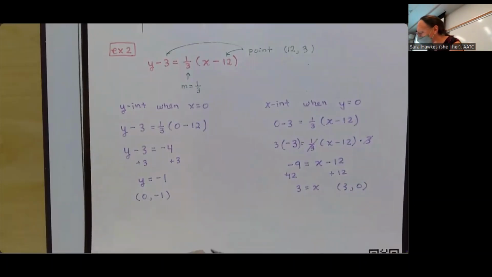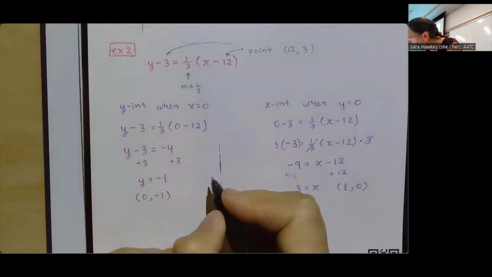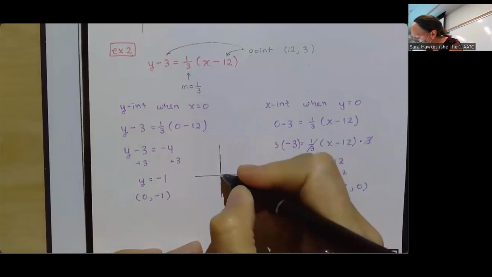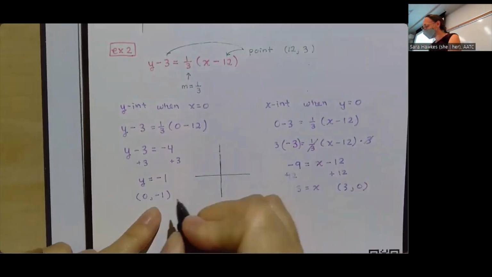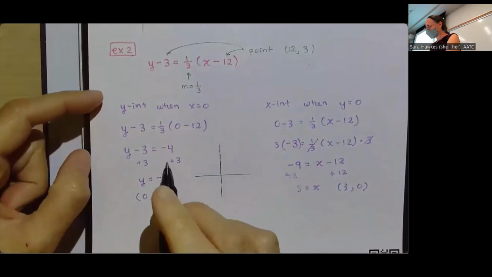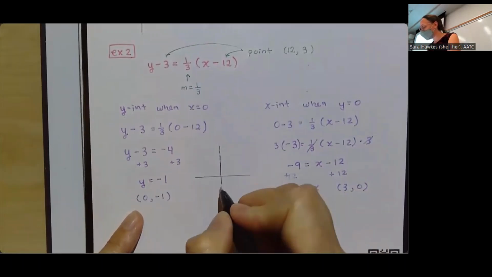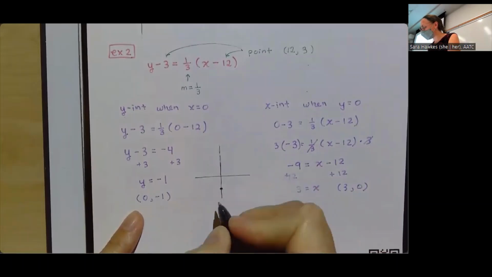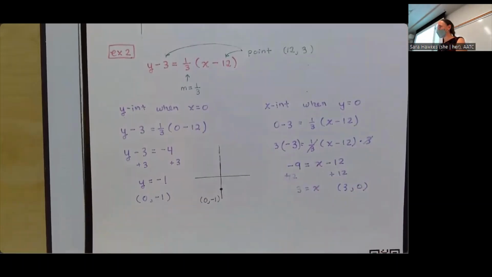And I think I've got space. I'll just squeeze my graph right in the middle here. Maybe my pen decides to cooperate today. So I need the point. This was my Y-intercept, so I should be at (0, -1). And since it's the Y-intercept, it should be down here at (0, -1).